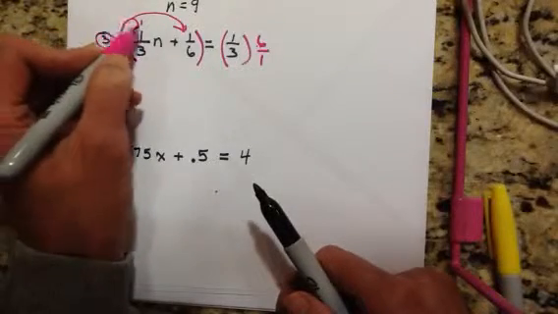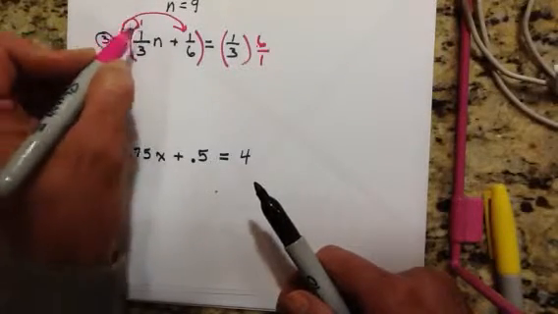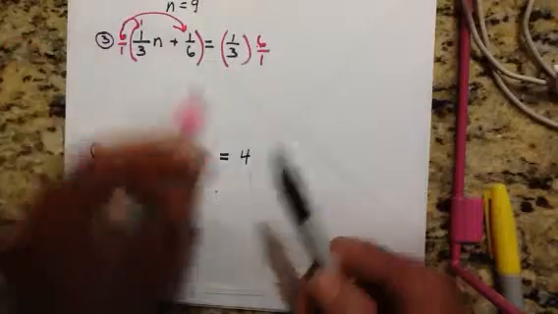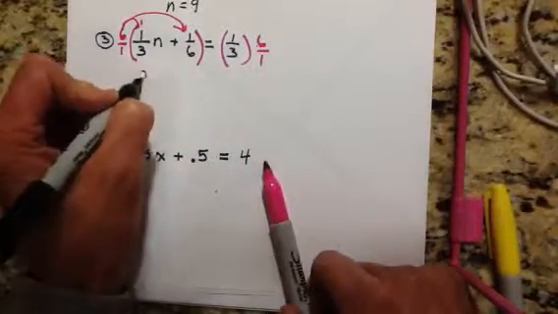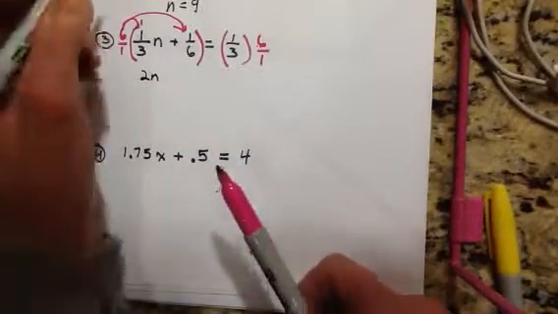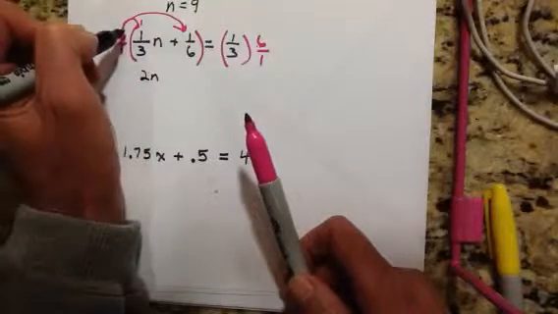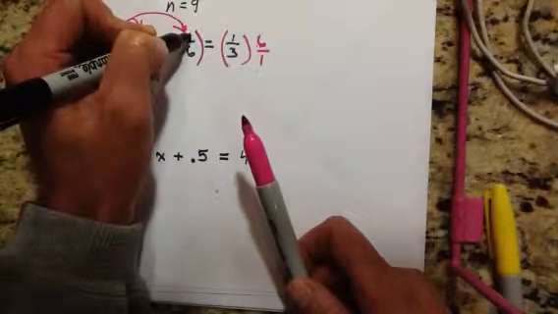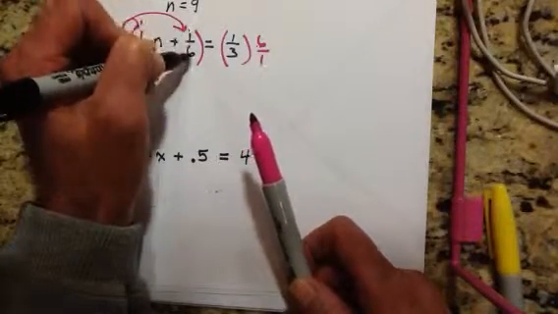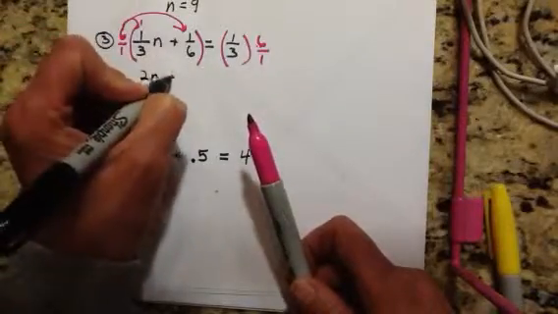Okay, so 6 times 1 is 6. 6 divided by 3 is 2. So we've got 2n here. 6 times 1 is 6. 6 over 6, or 6 divided by 6, is 1.